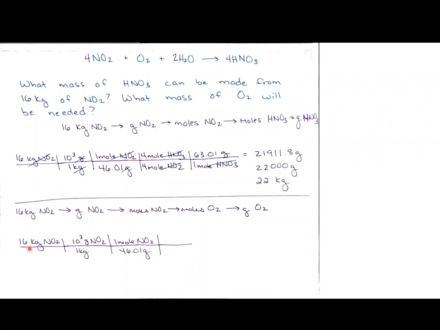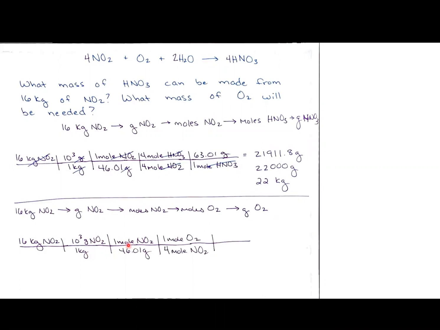16 kilograms of this stuff goes to 1,000 grams of NO2 for every kilogram. Every mole weighs this much. But now, 1 mole of O2, that's my coefficient here of 1, there's nothing there, reacts with 4 moles of NO2. Notice that these are on the same side of the reaction.